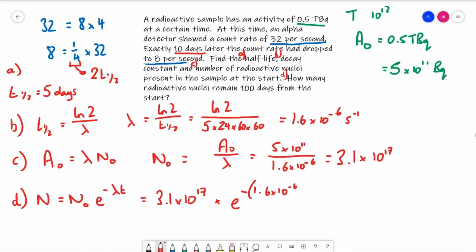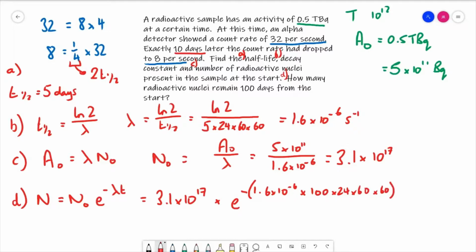constant. For the time, we need to multiply it by 100, but as before, we've got to convert that, we need to multiply that by 24 and 60 and 60 in order to convert that into seconds.